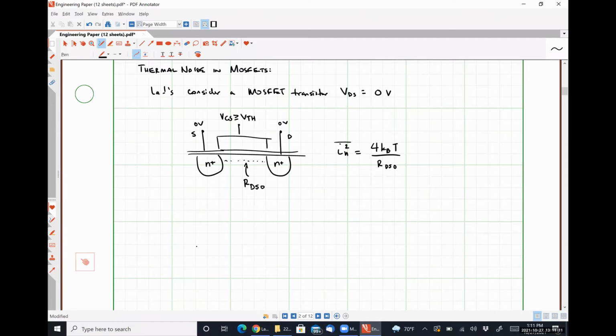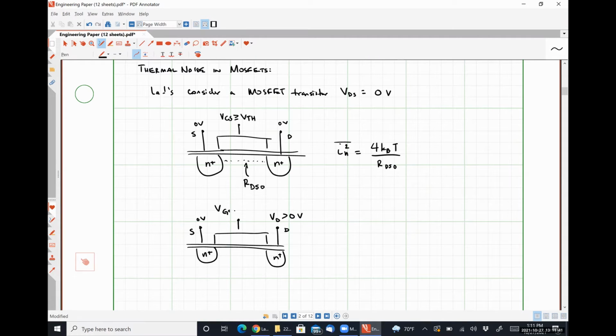So for VDS, let me draw it again real quick here. Here's our N plus. Here's our N plus. Here's our polysilicon layer. Let's leave this source still at 0 volts. Let's say that this VD is greater than 0 volts.